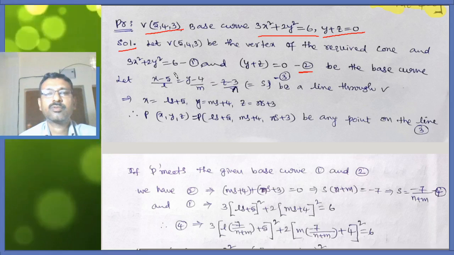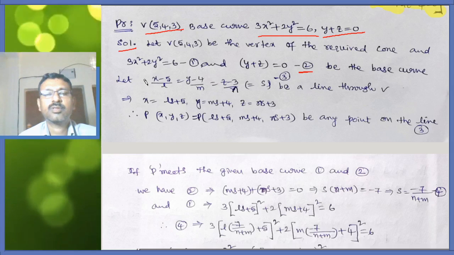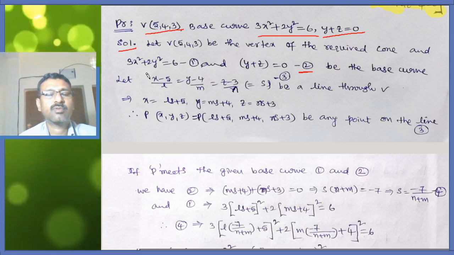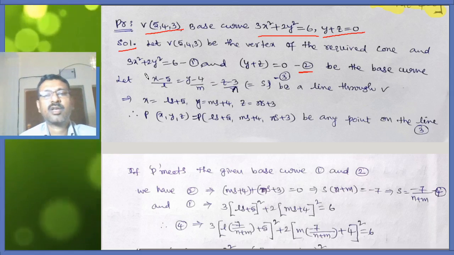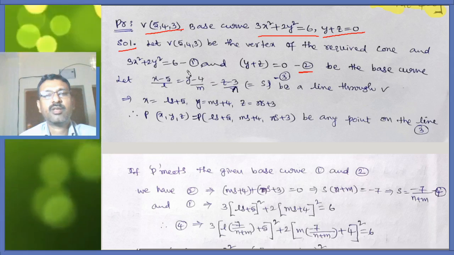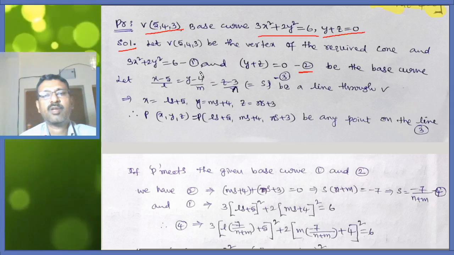So I am taking a line, a generator, with the base curve. The equation of the generator, using the symmetric form of the equation of a straight line: x minus x1 by L, y minus y1 by m, z minus z1 by n.